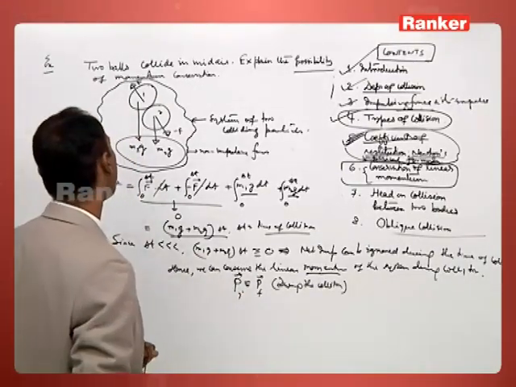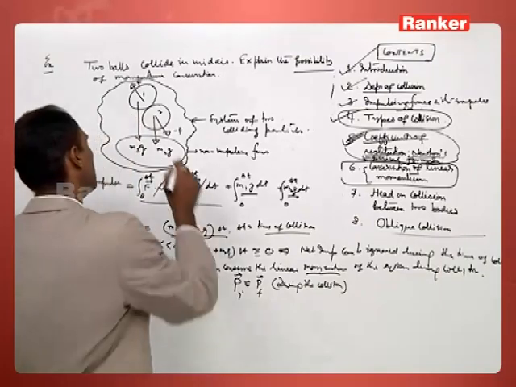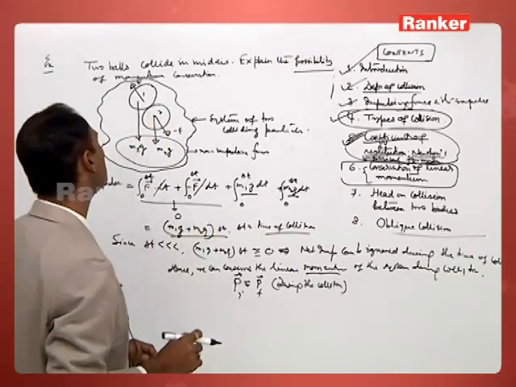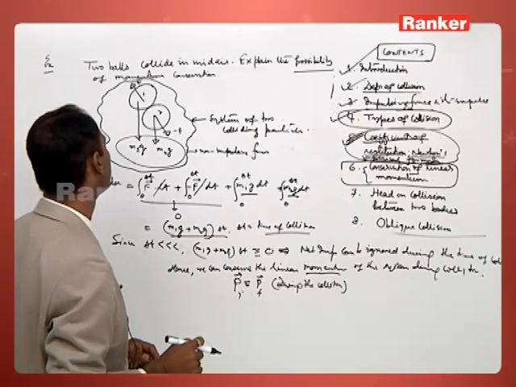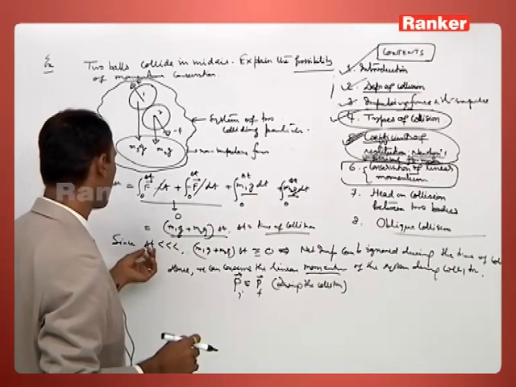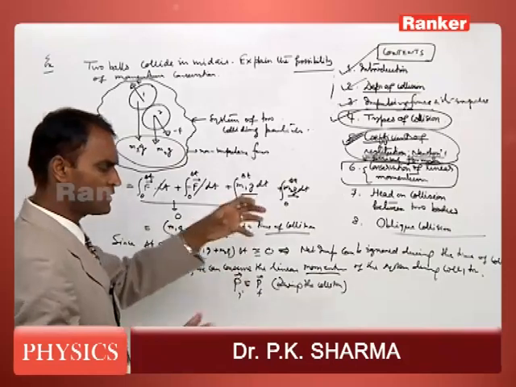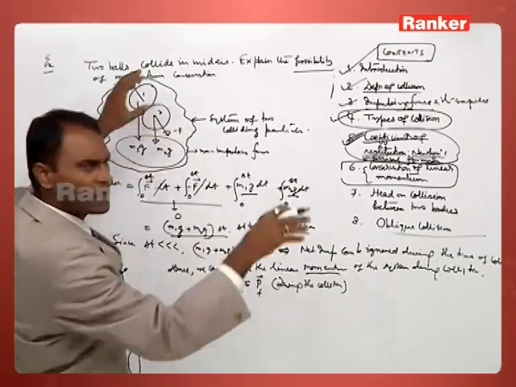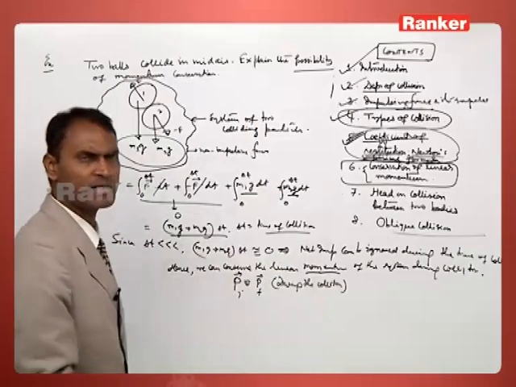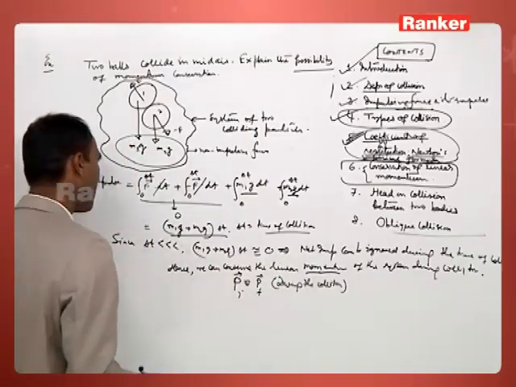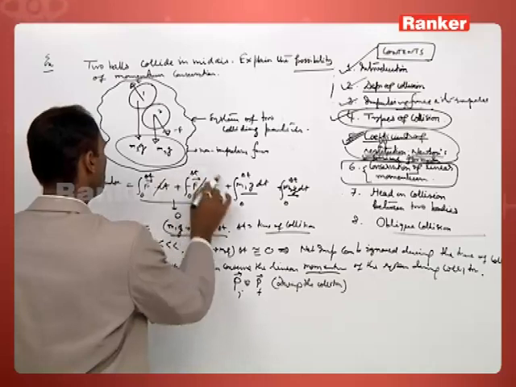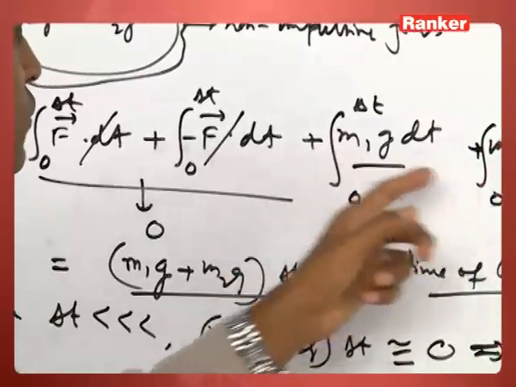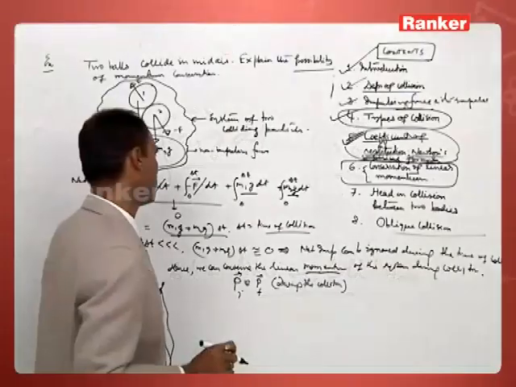However, if you take a finite time, or considerably long time compared to the time of impact, just after the collision they will lose contact and fall under gravity. What will happen? This impulsive force will be absent thereafter, however the gravitational force will continue to be present.